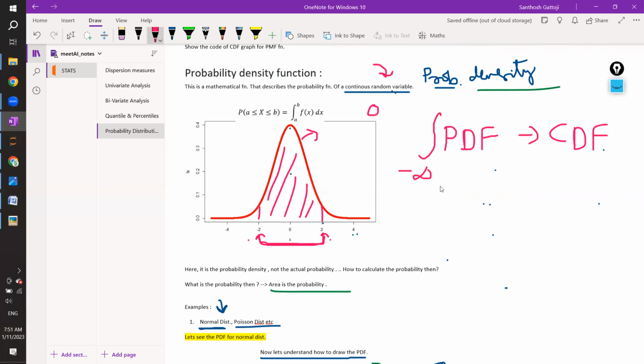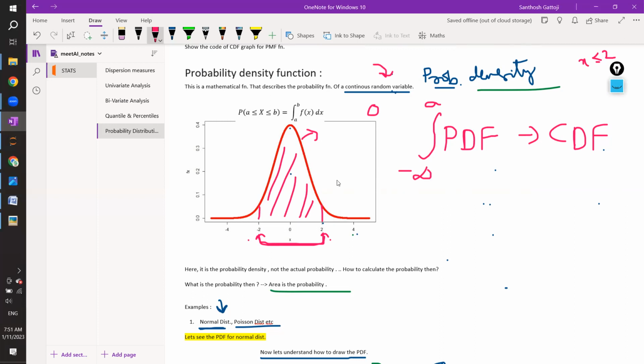From -infinity to any value you want to take. If I ask for 2, the cumulative distribution function will give you the probability that x is less than or equal to 2, meaning 2 and all the values below it. So if you are integrating a PDF, that will give you a cumulative distribution function. Do you agree with me on this?